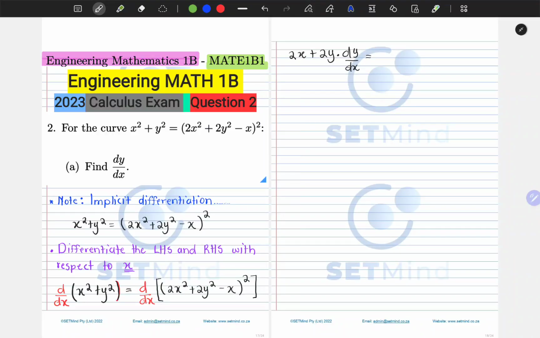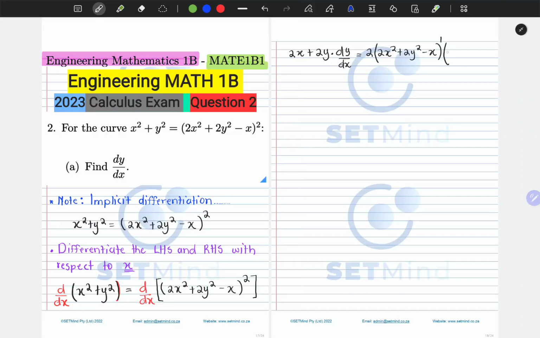And this will be equal to, if you observe carefully, we'll derive the bigger bracket, which has a 2. So we'll end up having 2 times 2x squared plus 2y squared minus x. And then according to chain rule, we now need to multiply by the derivative of what is inside. So we now have a 1 there.